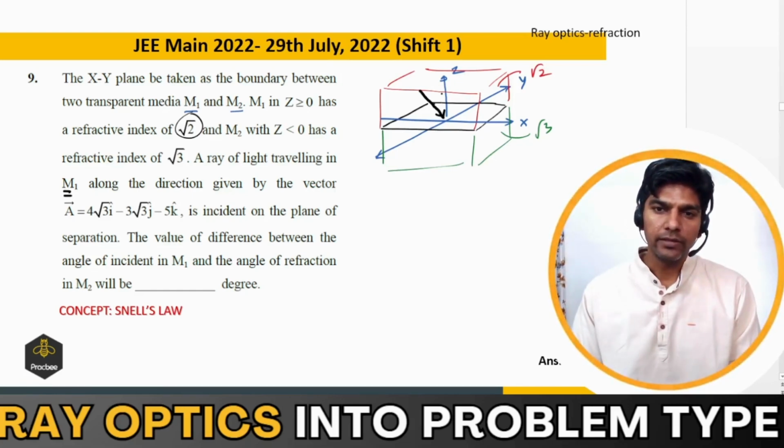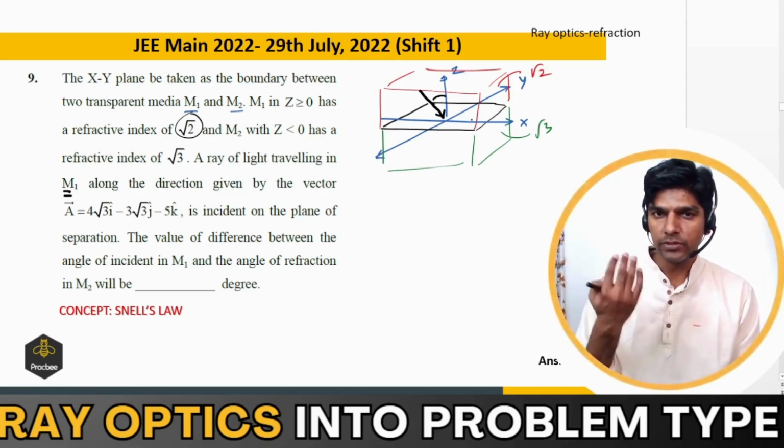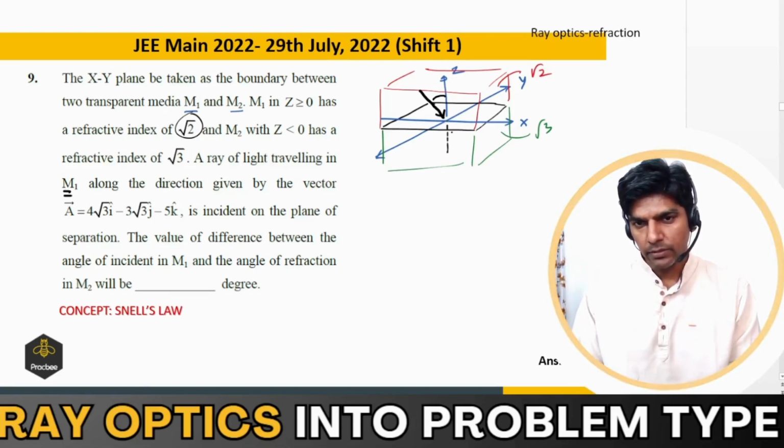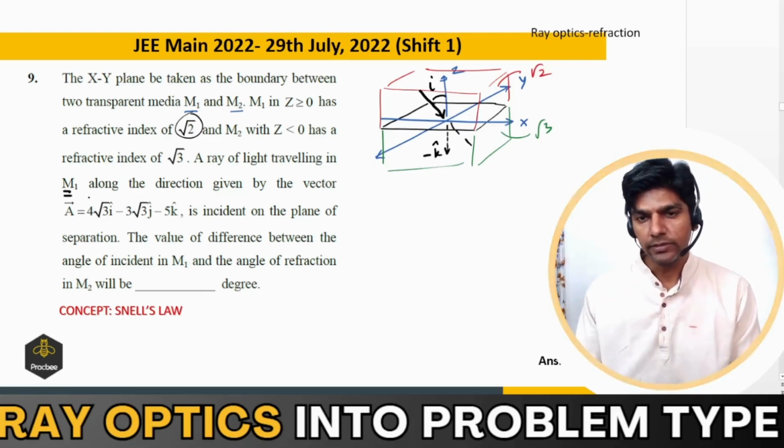Now we want to find the angle made by this incident ray with the normal, and the normal to this interface will be the positive z direction. So what is the angle of incidence? We can find the angle between minus k cap and the vector which is along the incident ray.